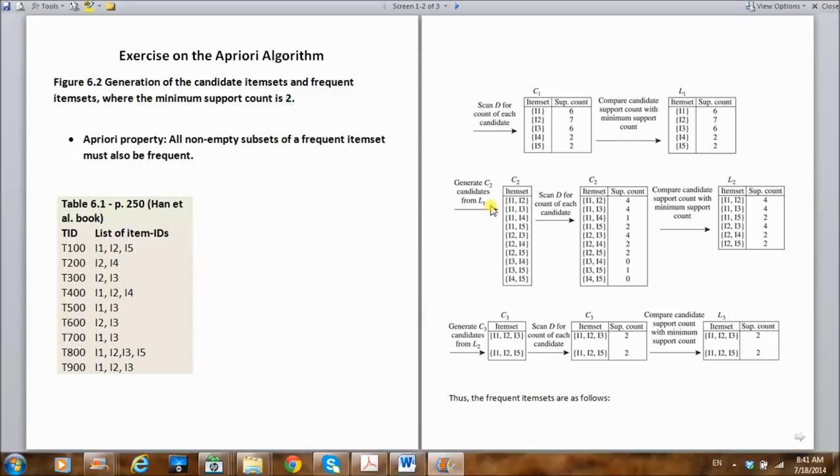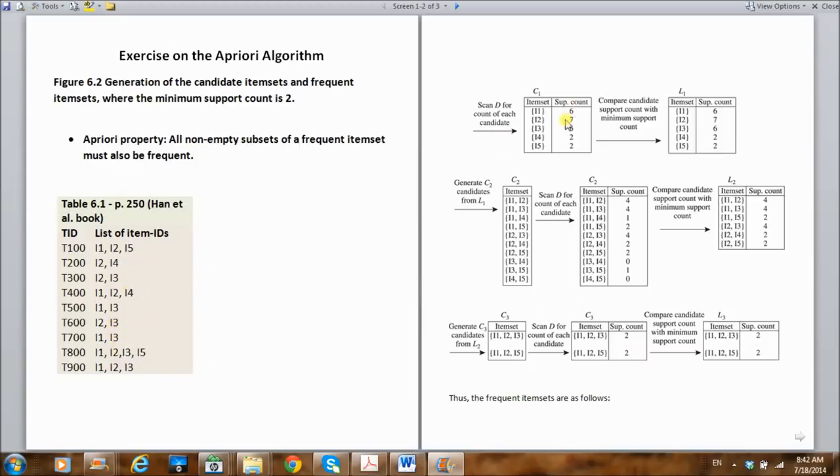All right, now let's try to find the frequent item sets with varying cardinality. Let's look at the 1-item sets, meaning item sets with only one item in them. Let's look at the data. We have items 1, 2, 3, 4, and 5.